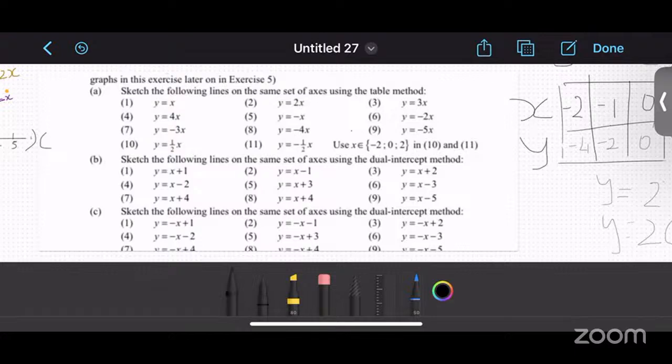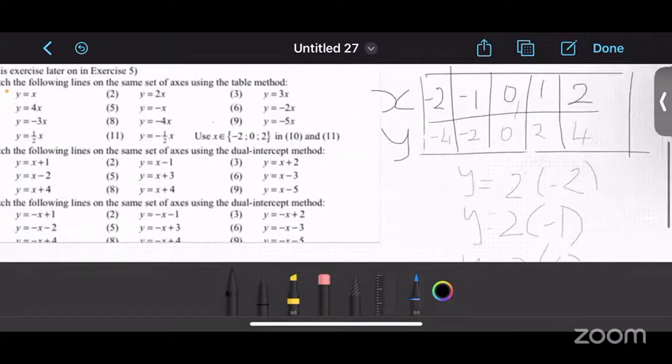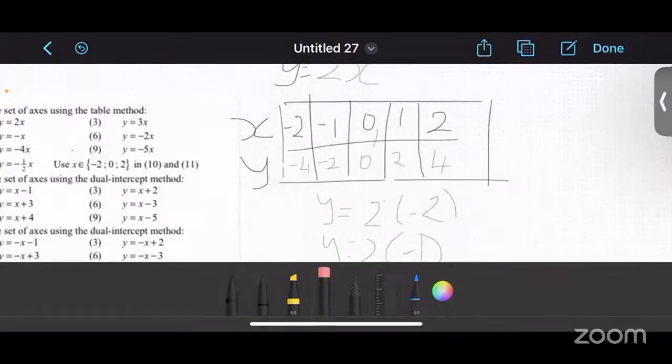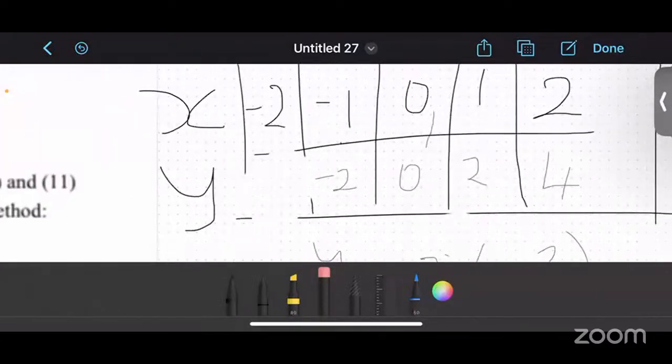Ma'am, for x, you start writing in column 2: -2, -1, 0, 1, and 2, ma'am.